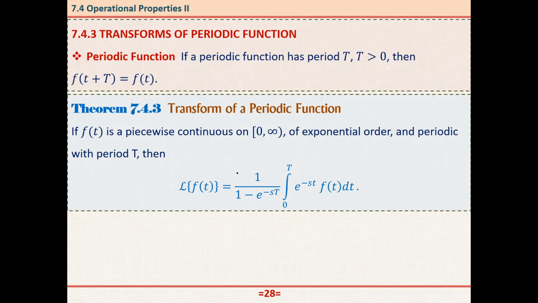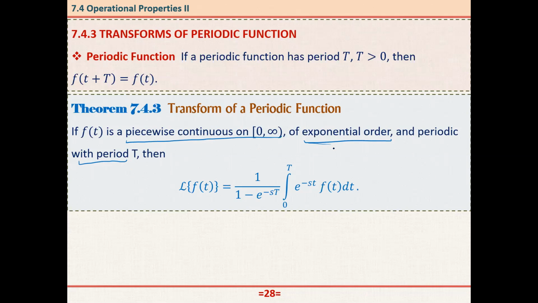So the transform of a periodic function. If f of t is piecewise continuous on this interval, and of exponential order, this guarantees that it has a Laplace transform. And periodic with period T, the third condition. The first one is f must be piecewise continuous on this interval.